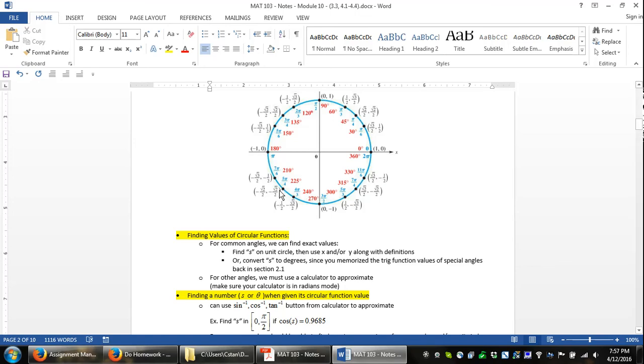And we actually just did this. We kind of did this. Right here in the middle, we see our y and our x are the same. Tangent is y over x. So we take negative square root of 2 over 2, divide that by negative square root of 2 over 2, we would get 1. So that's the angle we're looking for, 225 degrees, or 5 pi over 4.